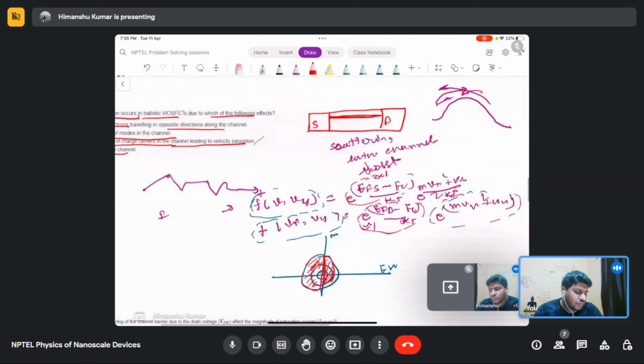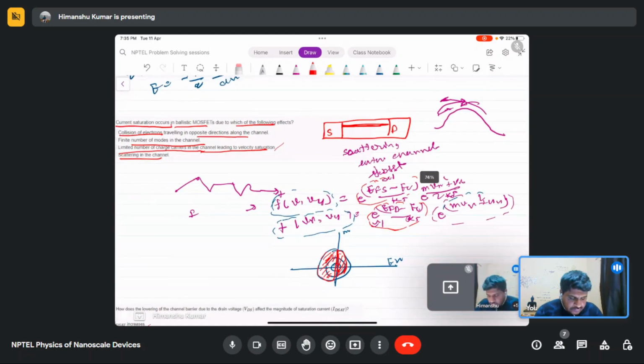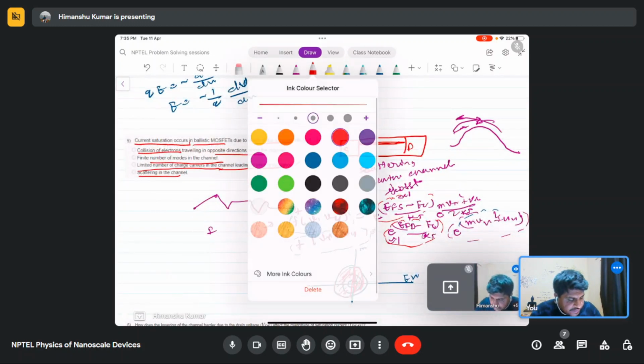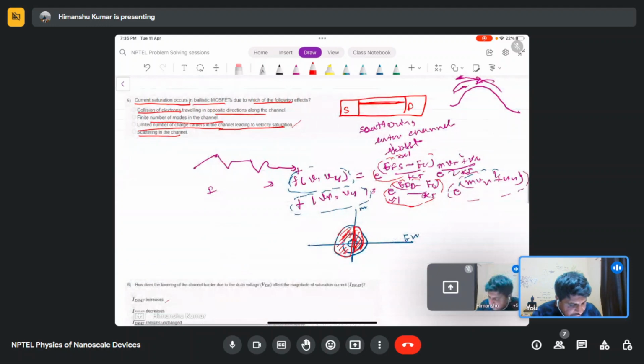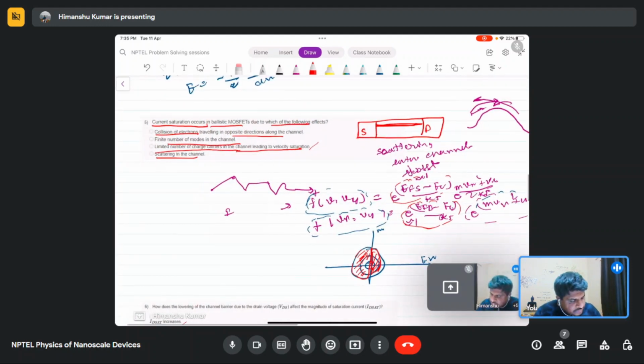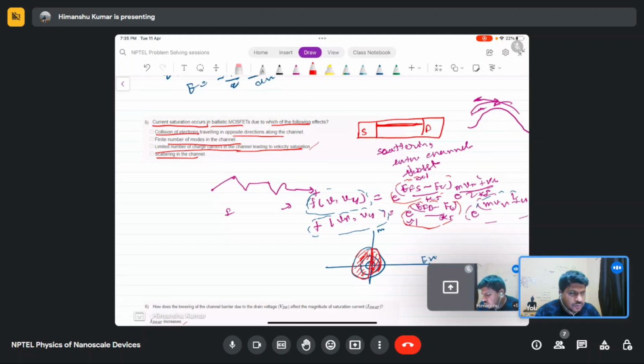So, as we have a finite number of charge carriers in the channel region, as we apply the bias, carriers moving in the positive direction have directly shifted to the positive direction.